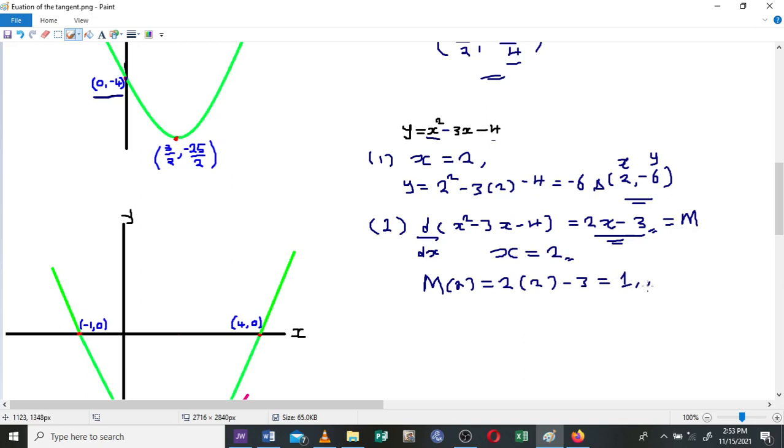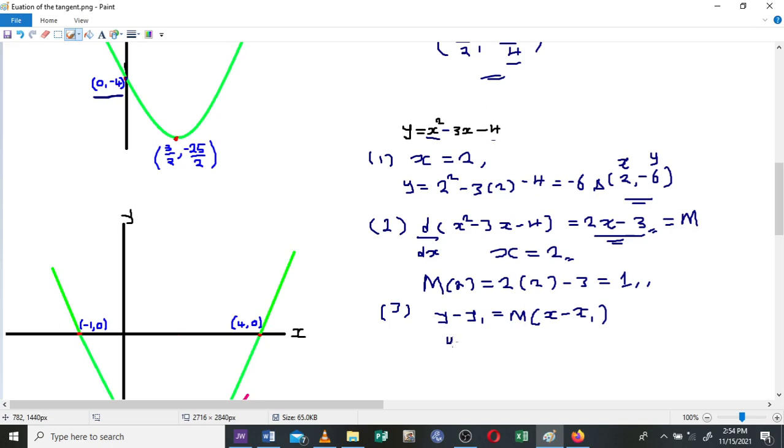Now that we have our gradient, we can finally write the equation of the tangent. So the third step now is to write your equation. Remember, you use the formula y minus y1 is equal to m, which signifies your gradient, times x minus x1.